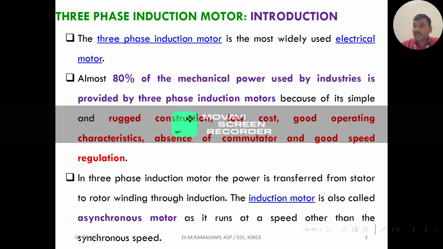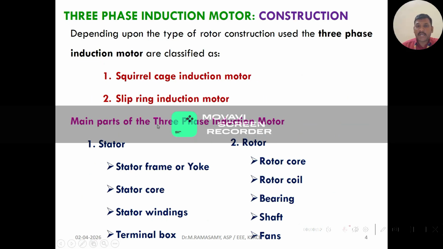Basically, this induction motor is called an asynchronous motor. We know that the synchronous speed of the machine can be computed by Ns = 120f/P. Here Ns represents the synchronous speed of the machine, f represents the frequency of the supply voltage, and P represents the number of poles of the induction machine.